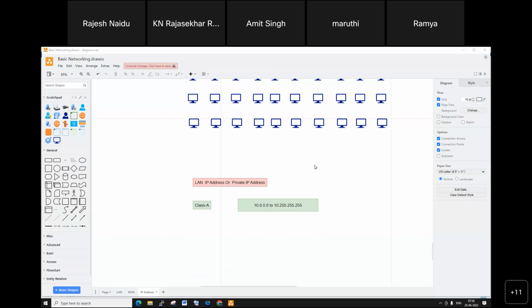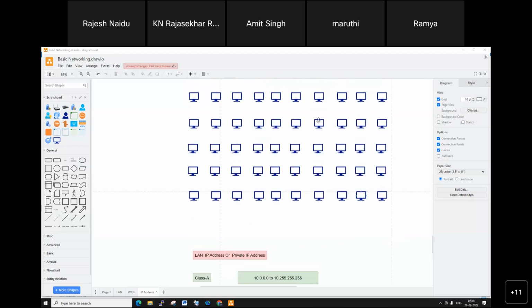This is called a private IP address. So class A addresses start from 10.0.0.0 to 10.255.255.255. Here is a LAN, so shall I apply this IP address here? 10.0.0.1, 10.0.0.2.